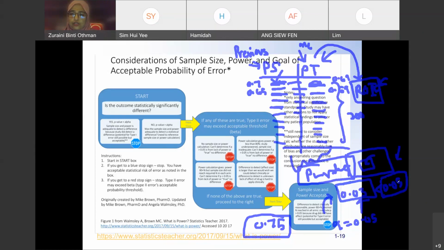Usually alpha is 0.05 or 0.01. The lesser the p-value that we get, the more significant the study that we propose. Okay. So far so good.